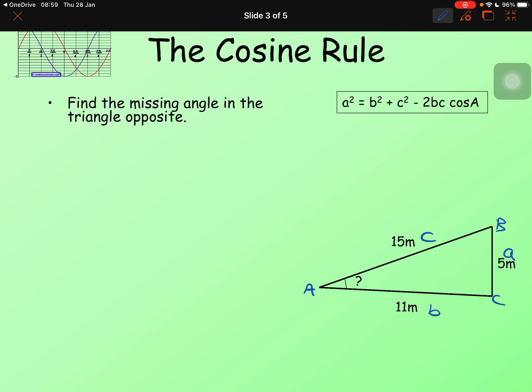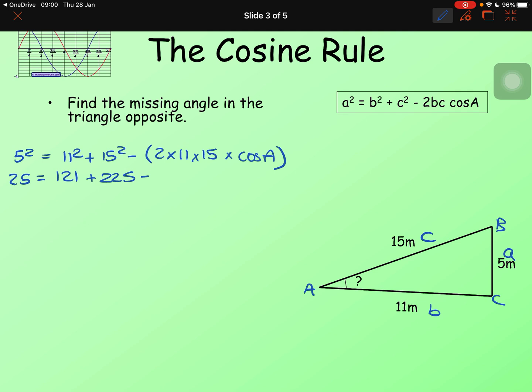So, A is 5, so we'll have 5 squared equals 11 squared plus 15 squared. Subtract 2 times 11 times 15 times by cos of whatever's missing. Again, back to our calculators and we'll work out all the little pieces. So I'll have 25 equals 121 plus 225.